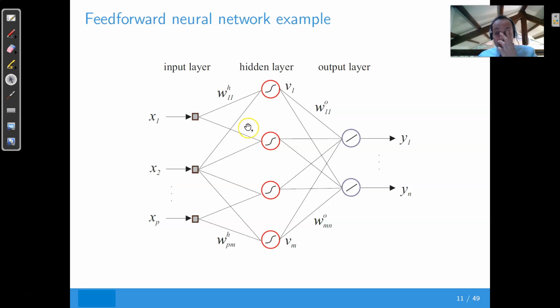Every input, as you can see here, can feed the neurons in the hidden layer.